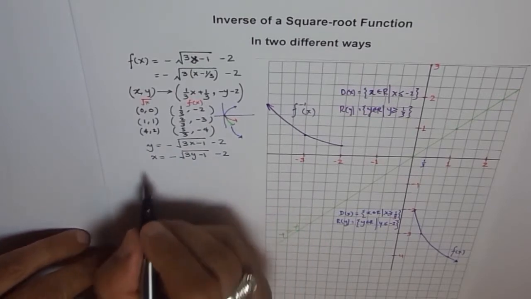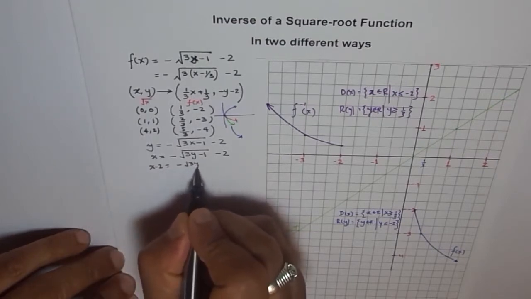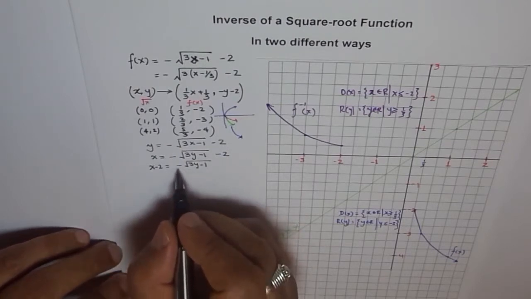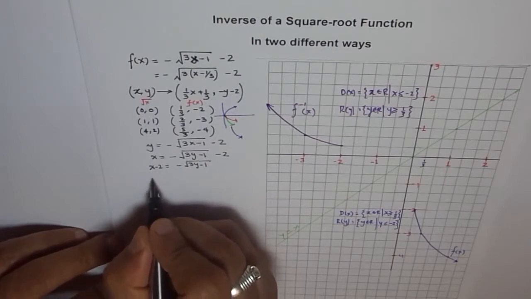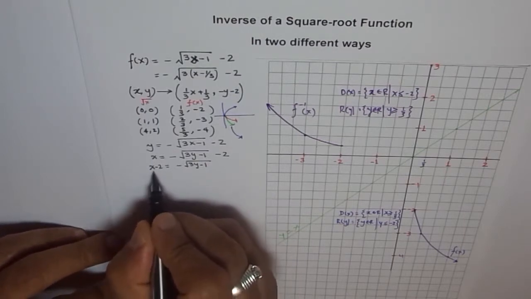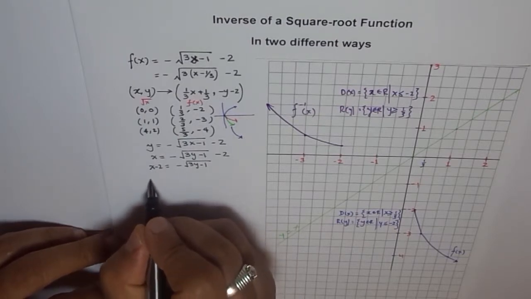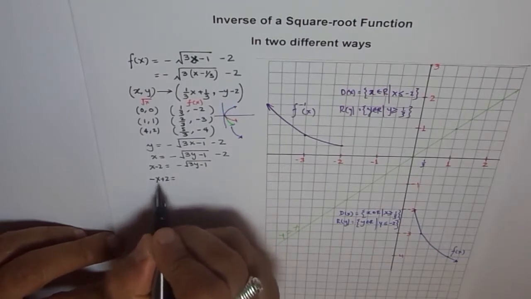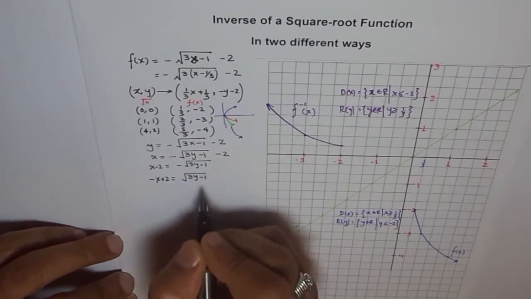So we bring this minus 2 here and say x plus 2 equals minus square root of 3y minus 1. Then we divide by minus 1, okay? So dividing by minus 1, the signs will change here, so it becomes minus of x plus 2, and we get square root of 3y minus 1, correct?